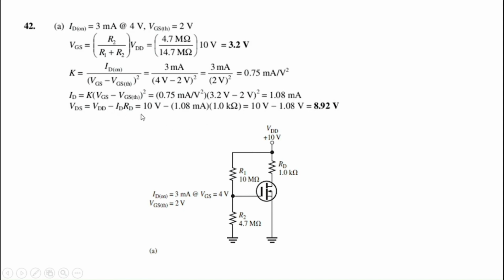VDD is already given in the diagram, so directly substituting the values: 10 volts minus 1.08 milliamps into 1 kilo ohm, 1 kilo ohm being our RD. So we can calculate our VDS, which is equal to 8.92 volts. So we have calculated our VGS and VDS, and that's all we had to calculate.